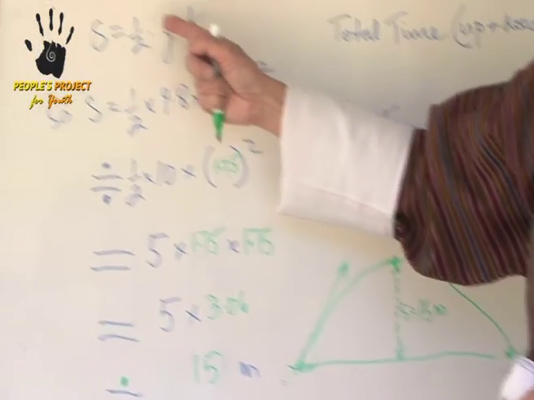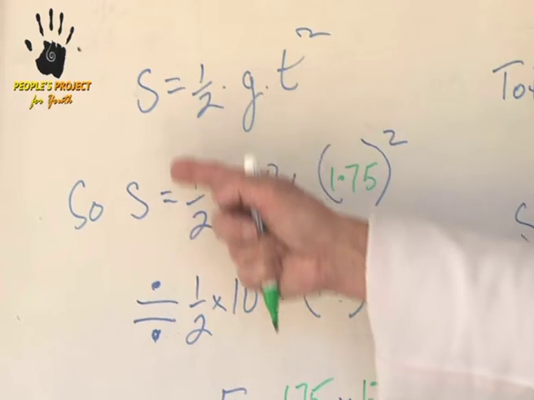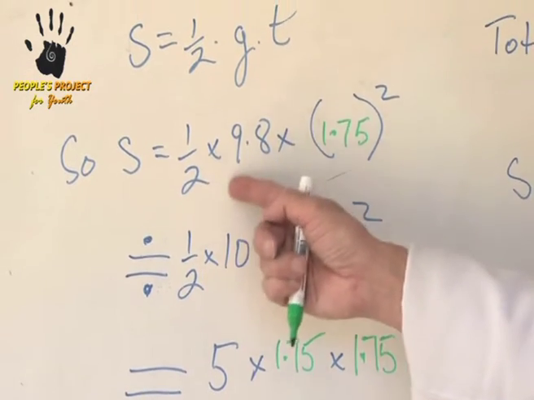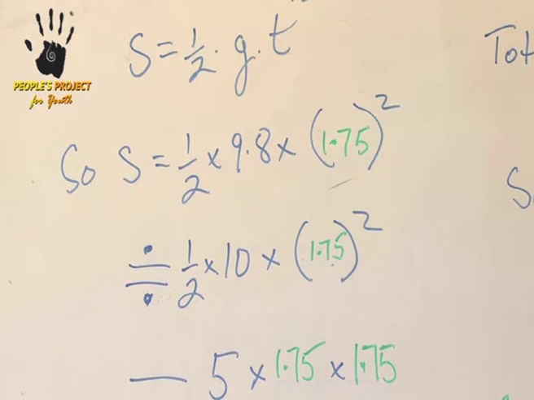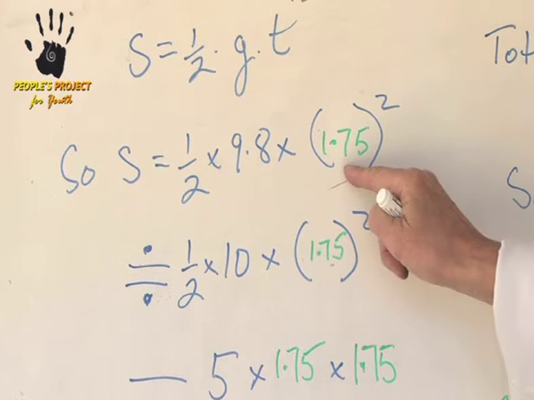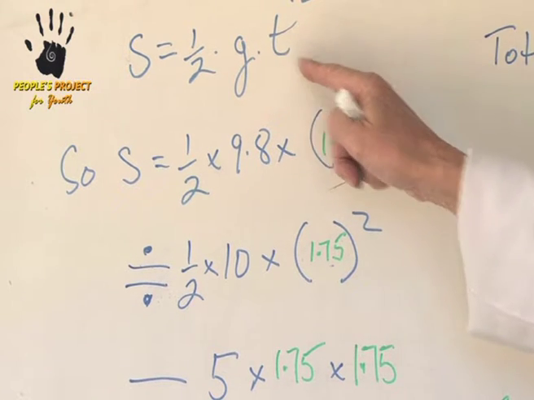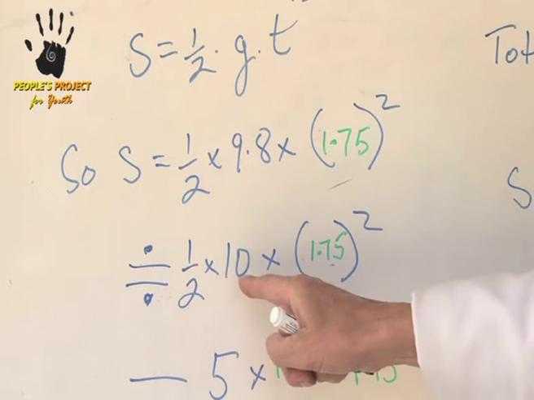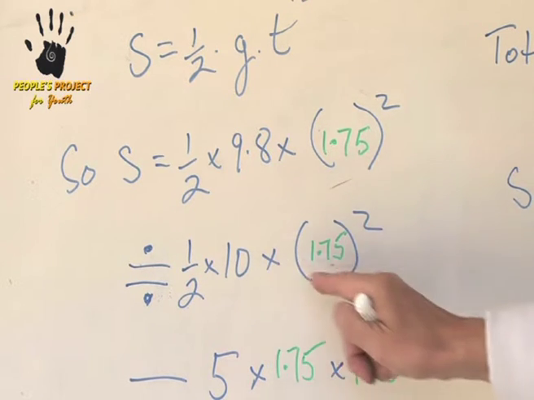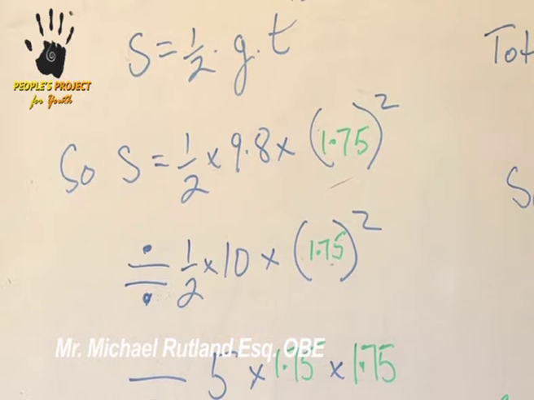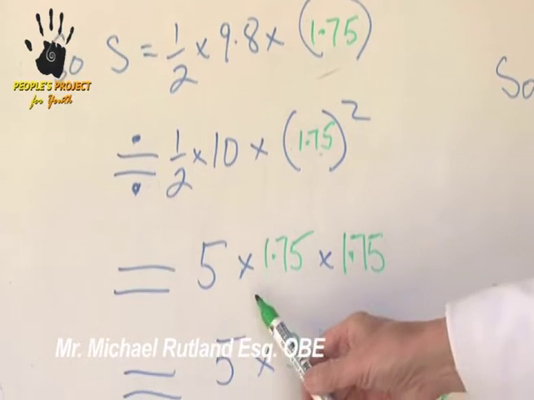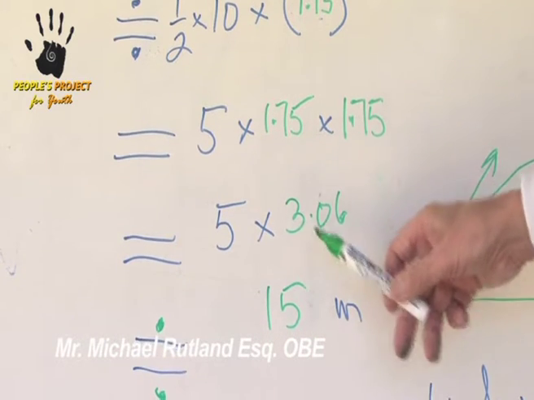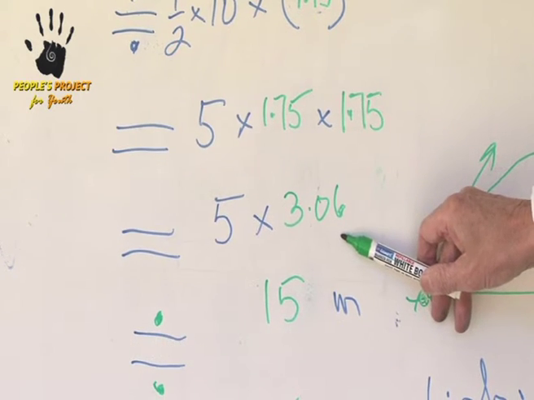Now we come to our classroom formula again. The height the arrow went up is S equals a half times g times t squared, where t is 1.75 seconds, the time for the arrow to fall down. That's approximately a half times 10 times 1.75 squared, which is 5 times 1.75 by 1.75, which is 5 times 3.06.